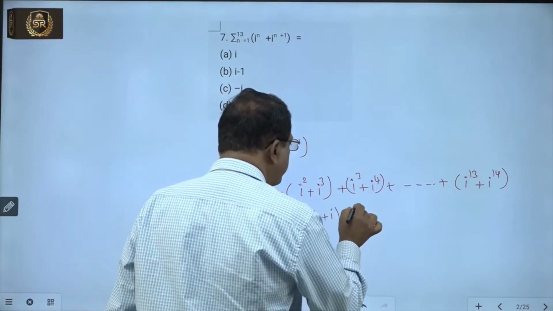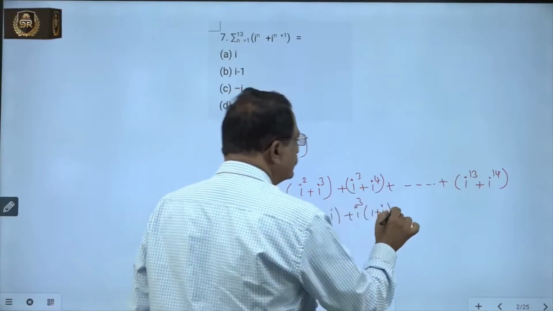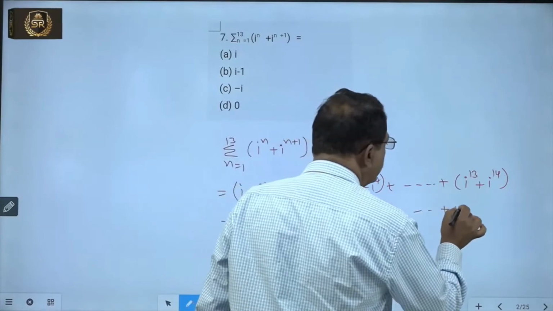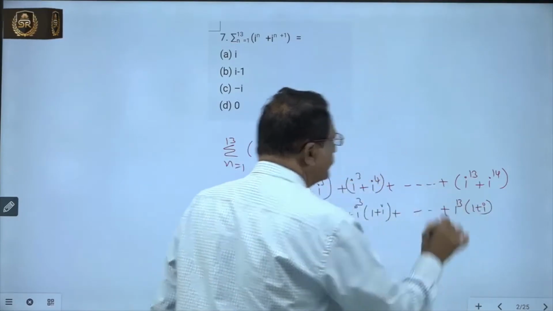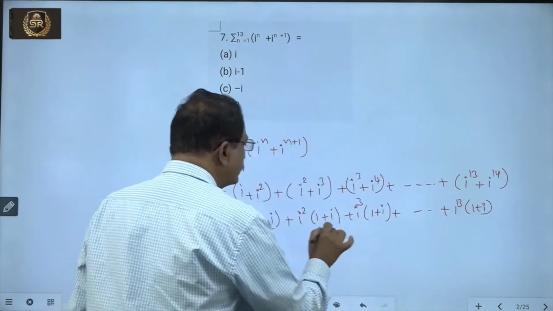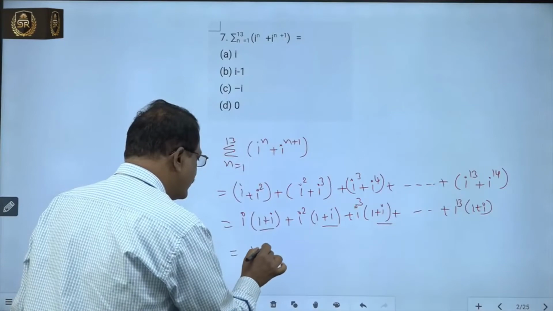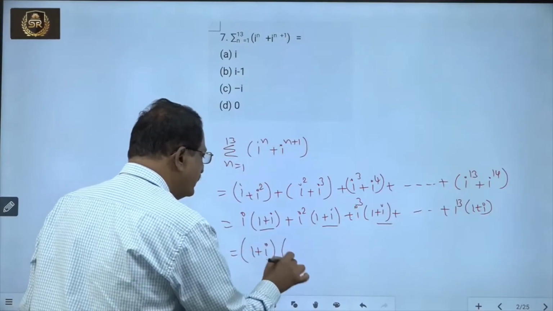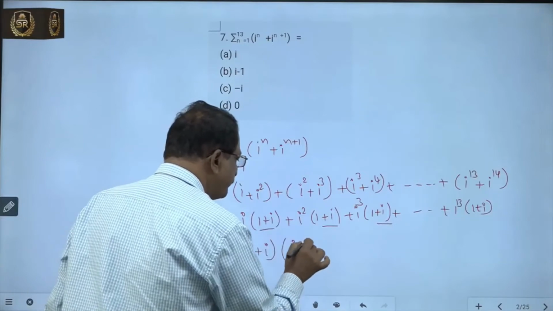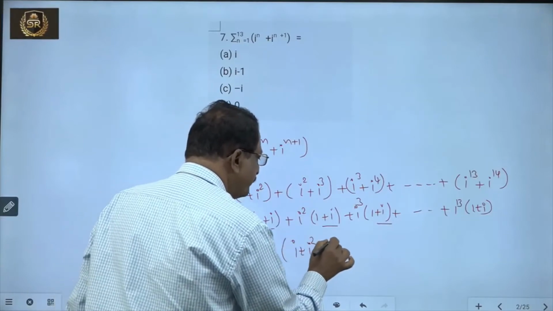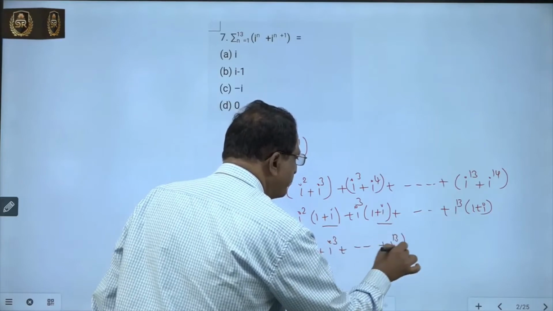Similarly for the next, i cube, take common 1 plus i. Similarly, and so on, up to i to the power of 13, take common 1 plus i. Now in all the terms, we take 1 plus i common, and that equals 1 plus i into (i plus i square plus i cube plus, and so on, up to i to the power of 13).